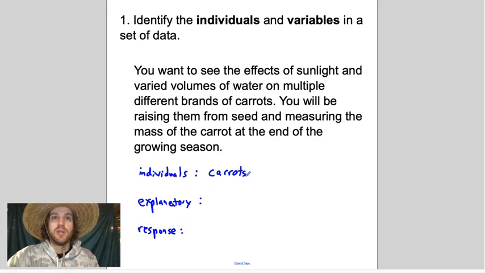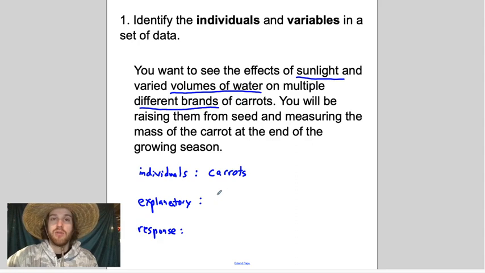So the individuals being studied are the carrots. The explanatory variables, well, we have a couple. We can change the amount of sunlight, so we are kind of in charge of the explanatory variables. We can change the amount of sunlight, we can change the varied volumes of water, and we can change the brand of carrots that we're studying.